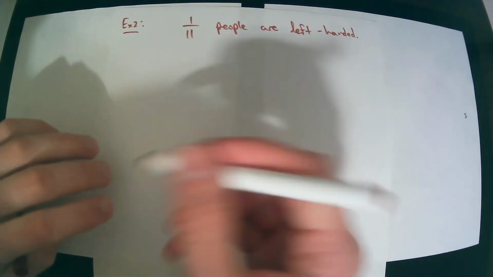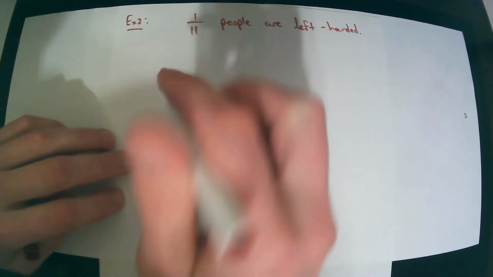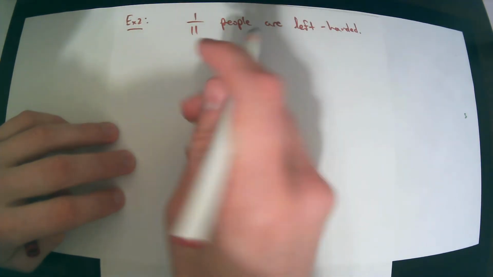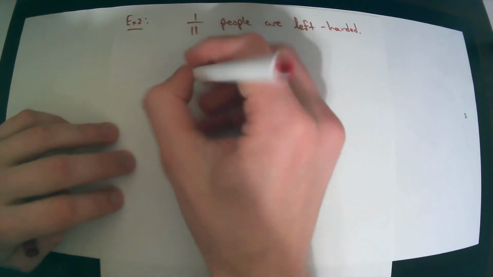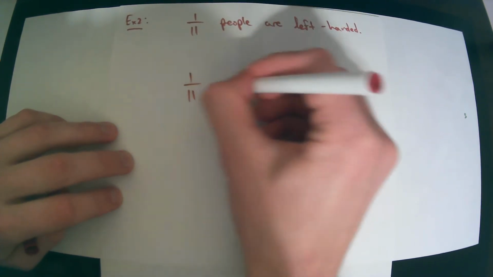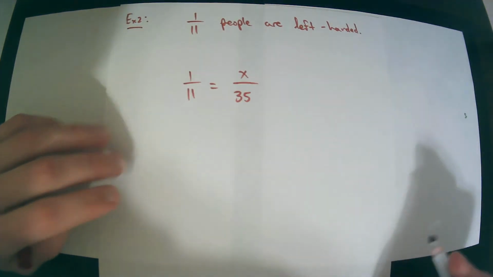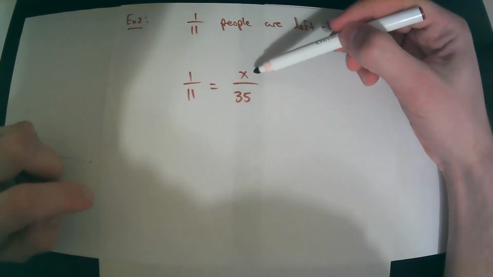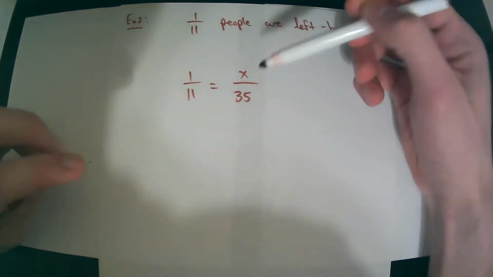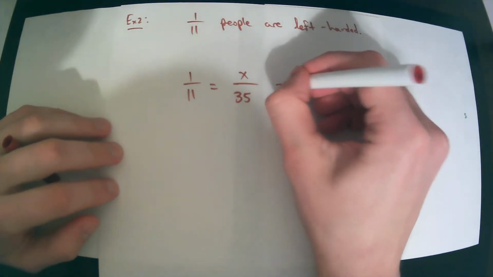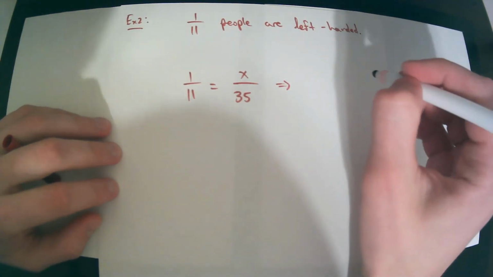So if 1 out of 11 people are left-handed, and we have a total of 35 people in our class, then we can set up a proportion that says x number of people in the class are left-handed out of our total, and then we can cross-multiply. You've probably already got a feeling of what this answer should be.